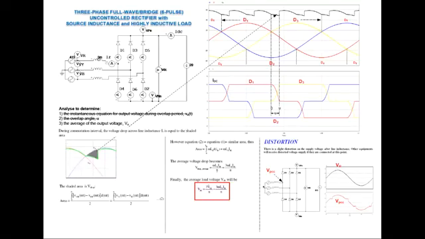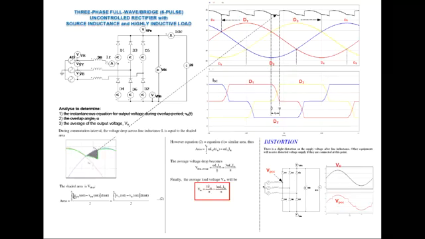So we need to find the average of this voltage drop, so that we can simply subtract it from the average equation that we had before without the source inductance, the average of this missing area.